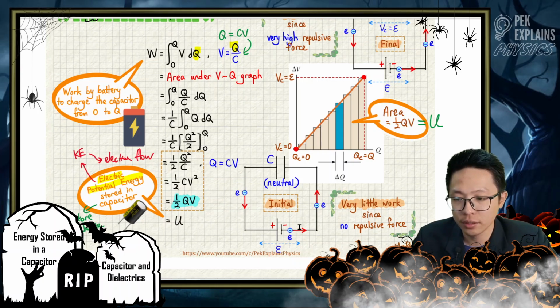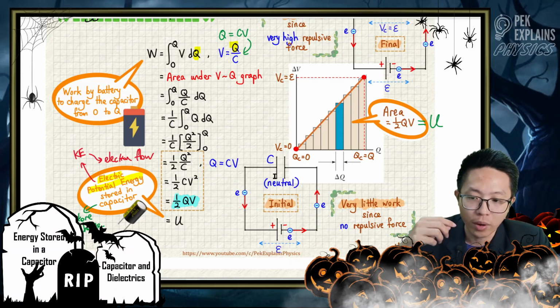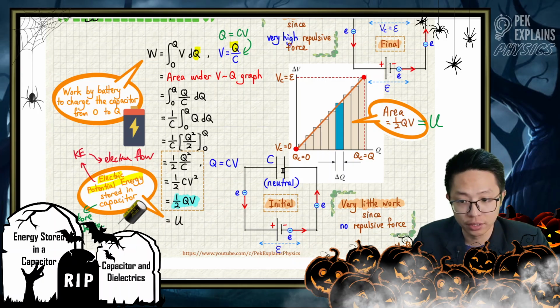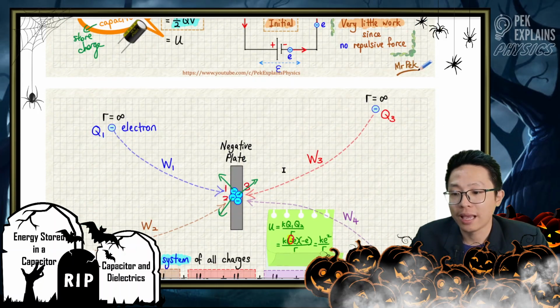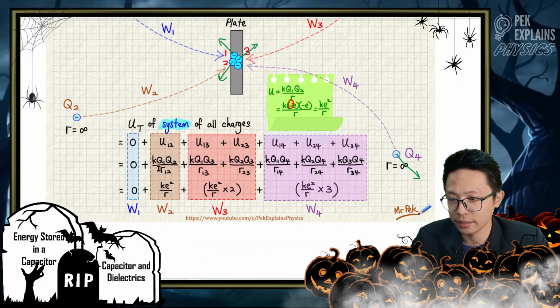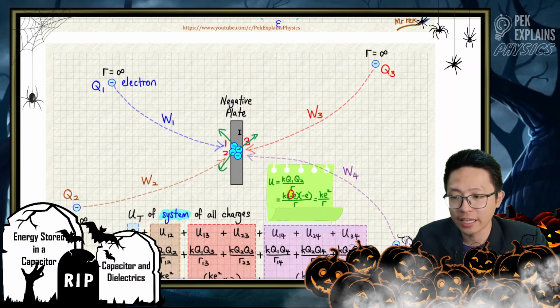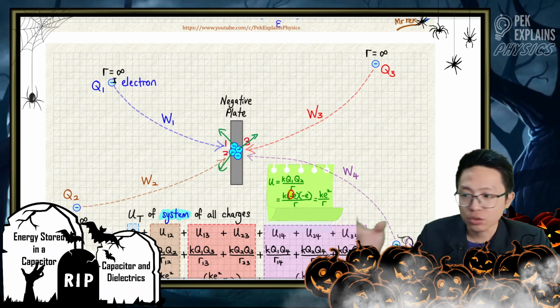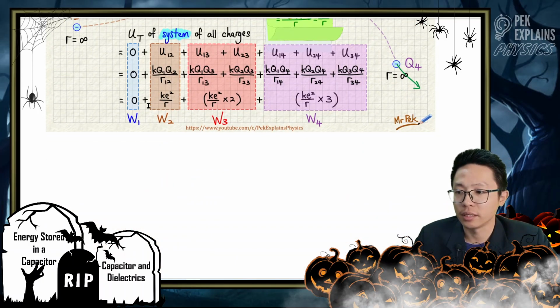You see the electron will start to be extracted from one plate and gathered at the other plate. Initially, the capacitor is neutral, so I can say it's like the first one, zero work done here. Initially, there are no electrons at the negative plate, so for the first electron there is zero work done.